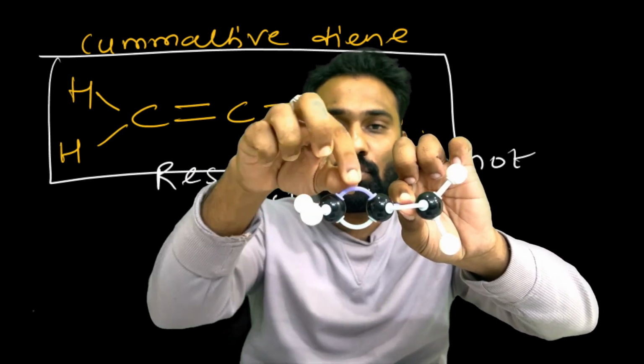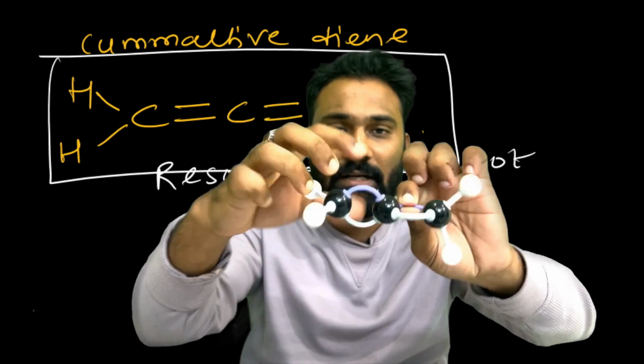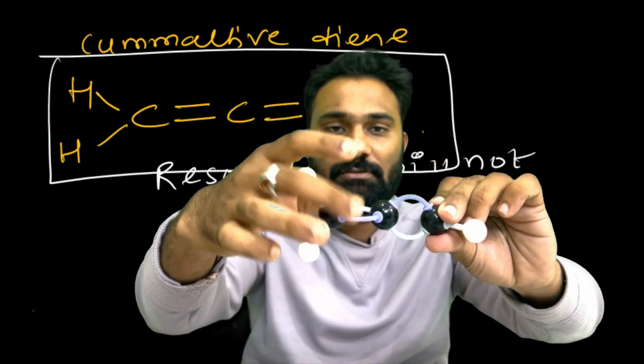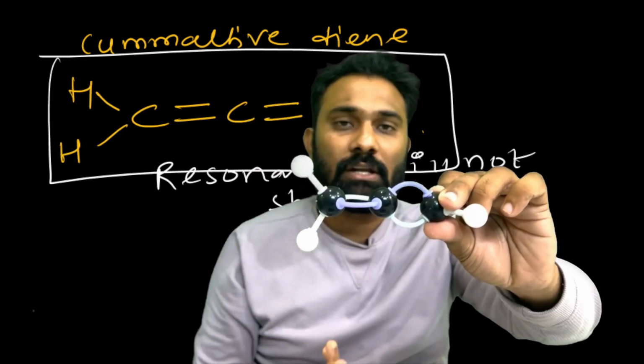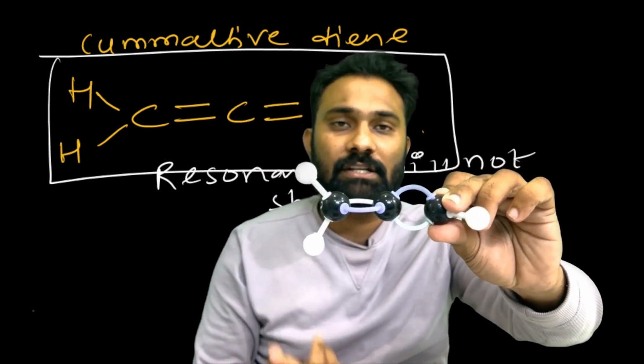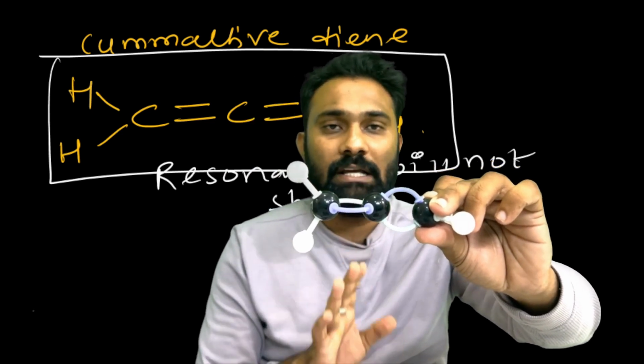What I said: if the two pi bonds are parallel to each other, then only delocalization will happen. But here one is in this manner and one is here. These two are perpendicular to each other, right? When they are perpendicular, how will it show delocalization? That's the reason in the allene molecule no delocalization is possible.